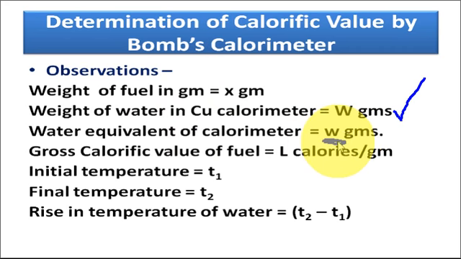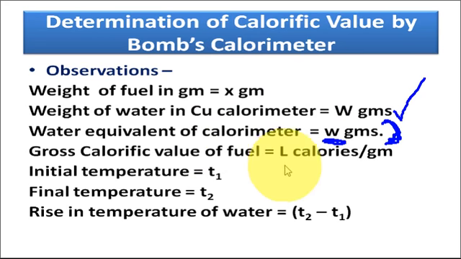What is the water equivalent of the copper calorimeter? As I just discussed, the copper calorimeter also absorbs heat energy. So the water equivalent of the calorimeter means the amount of water that absorbs the same amount of heat energy as the copper calorimeter.